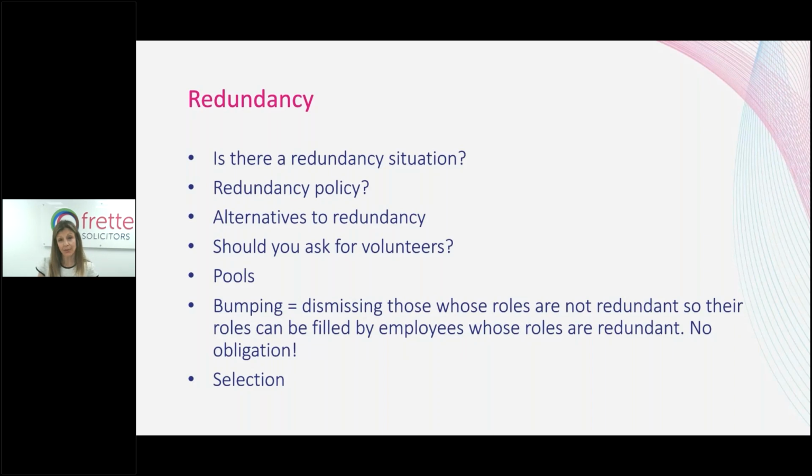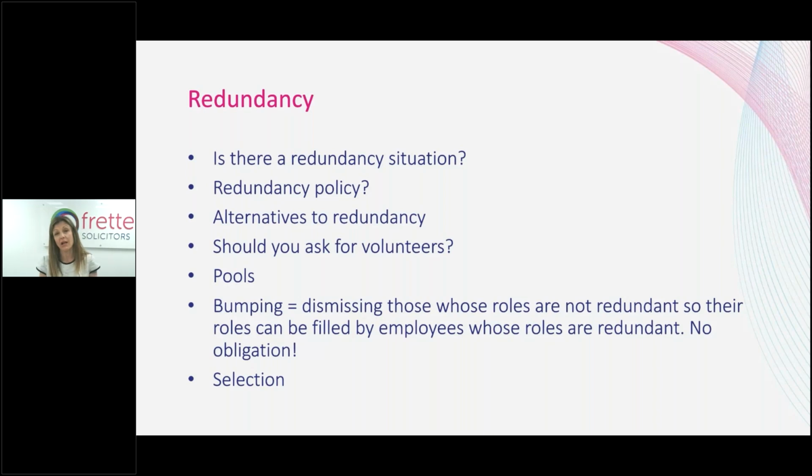Once you have selected the employees who are at risk of redundancy, you would need to obviously go through a consultation process with them. We're not going through procedures today, as I've said, but I will say be prepared. Get everything ready. Draft all your initial letters and your scripts for consultation meetings in advance. Outline the consultation timeframes.